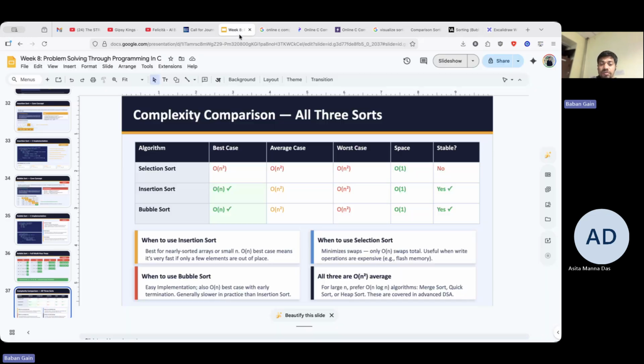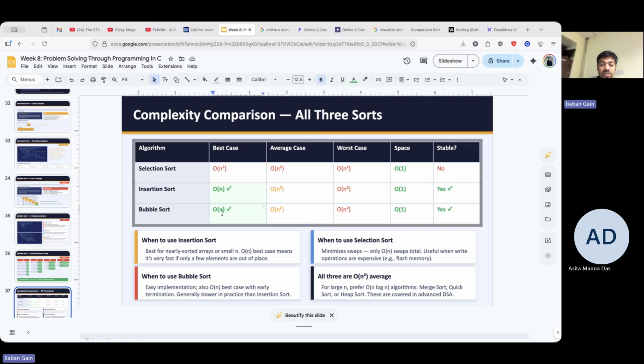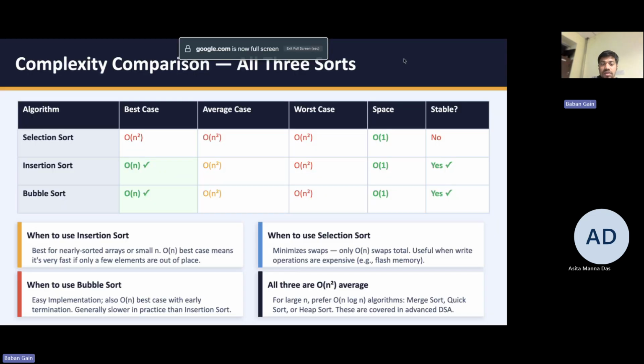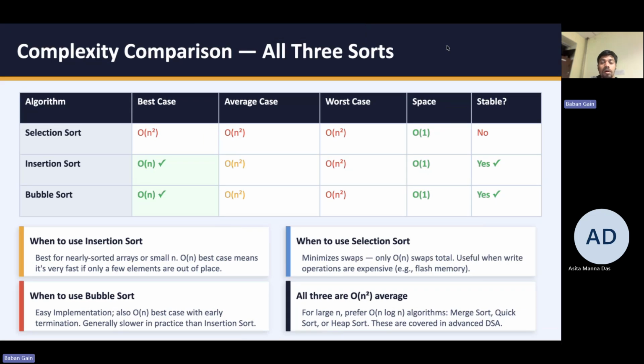So in the best case, when the array is already sorted, we can just iterate through all the elements once only. We don't need to run it again and again. That is the best case scenario. For insertion sort also, the best case is order of n. But for selection sort, it is order of n square because there is no mechanism to stop the sorting early.